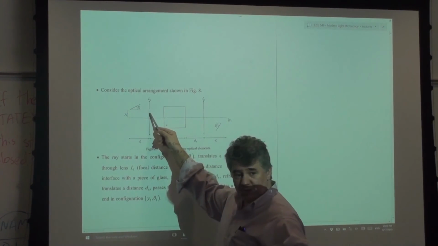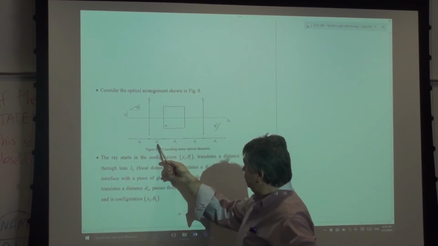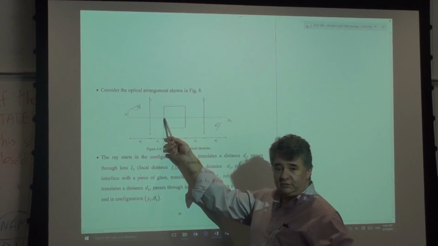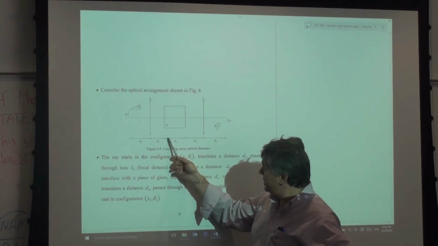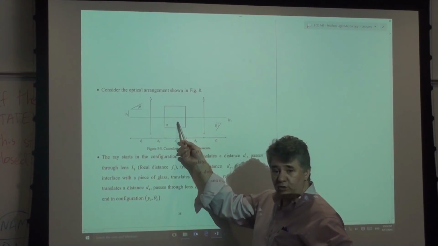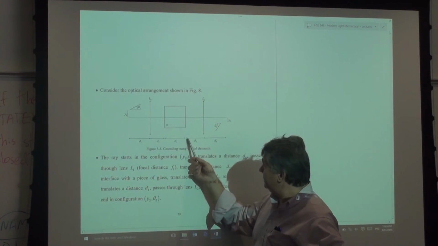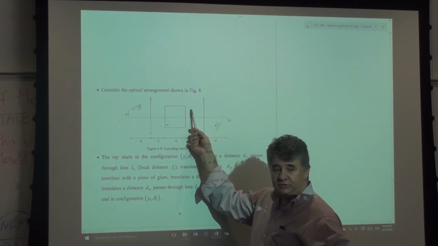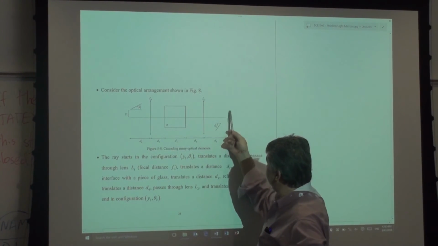At the lens, I apply the lens matrix. From here to here, I have another translation matrix of D2. Here I have a refraction matrix at the first interface, then propagation through the block over distance D3, refraction outside, another lens, another refraction matrix here, another free propagation here, another lens matrix here, another free propagation here. I'm done.